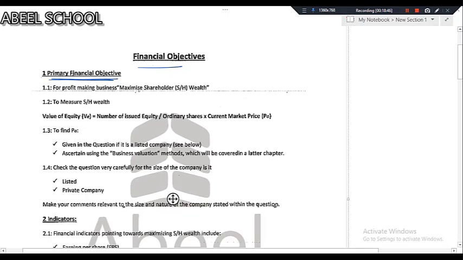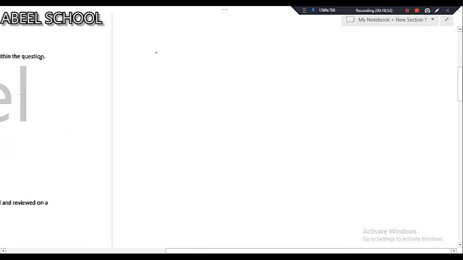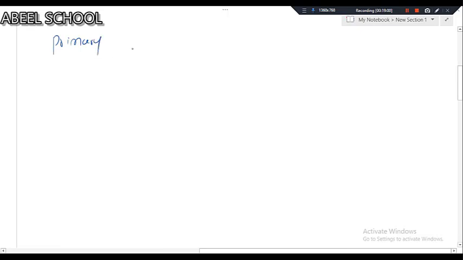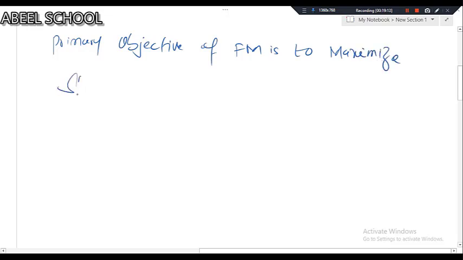The primary objective of financial management is to maximize the wealth of shareholders.